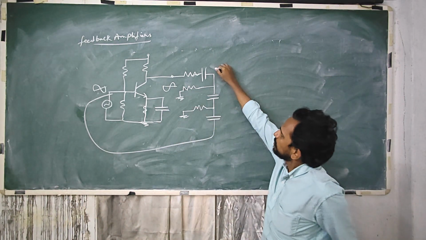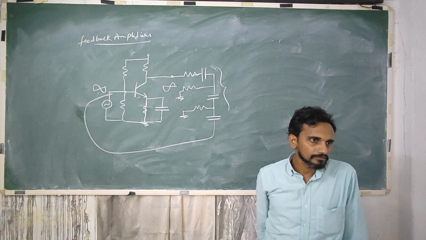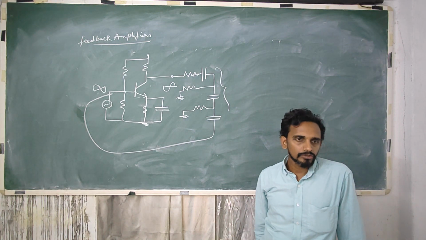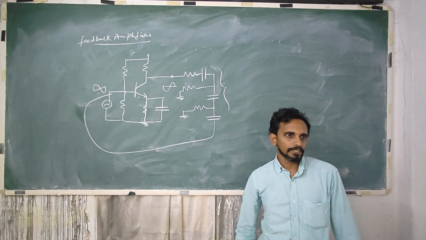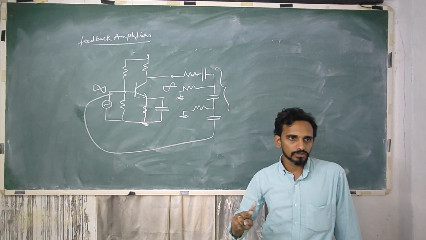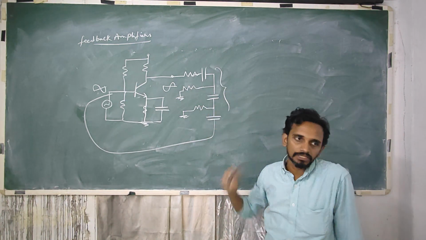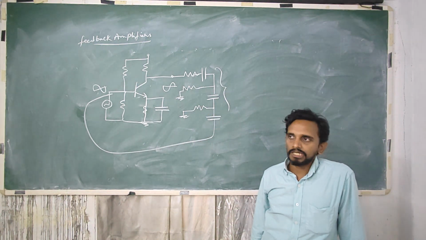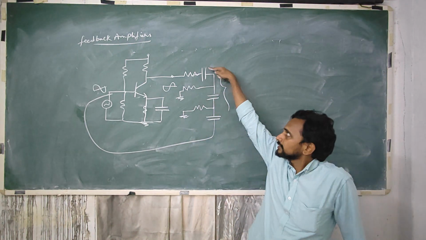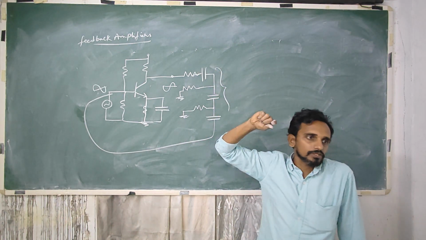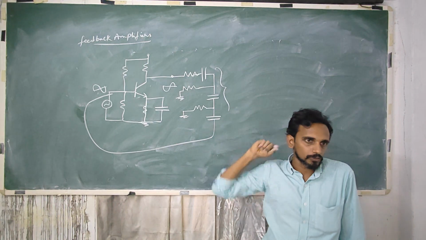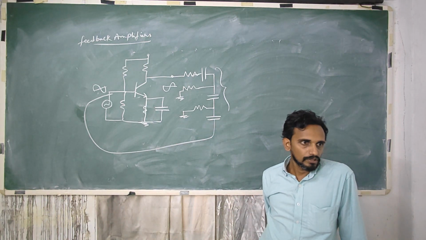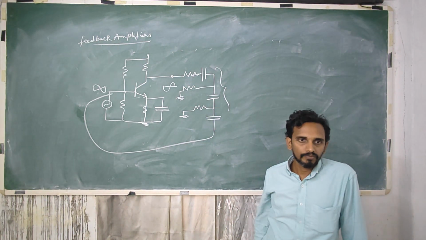So that the combination of all these 3. So usually capacitor produces a 90 degrees phase shift. So if you use just 2 capacitors, we'll get another 180 degrees phase shift. But we have to introduce another resistance also, because we have to tap only a fraction of the output and give it back to input.